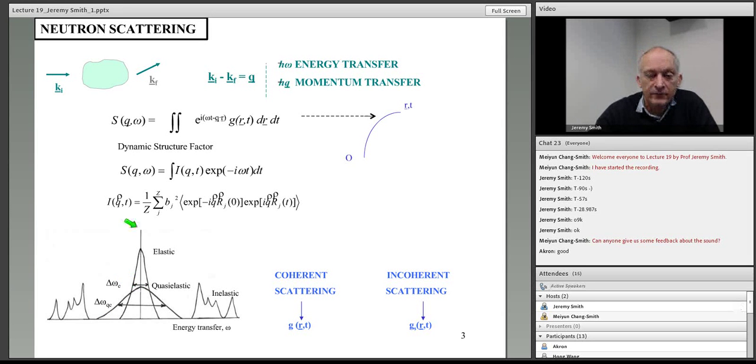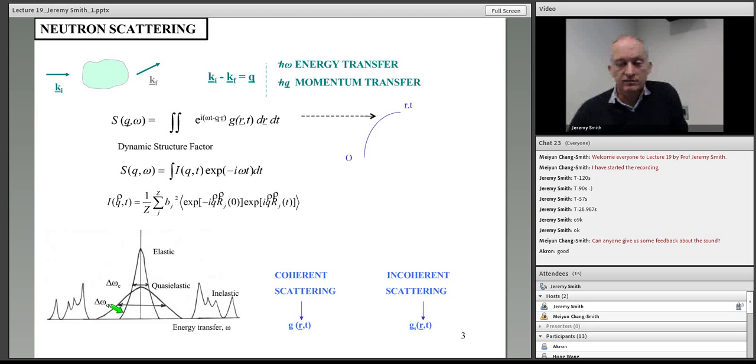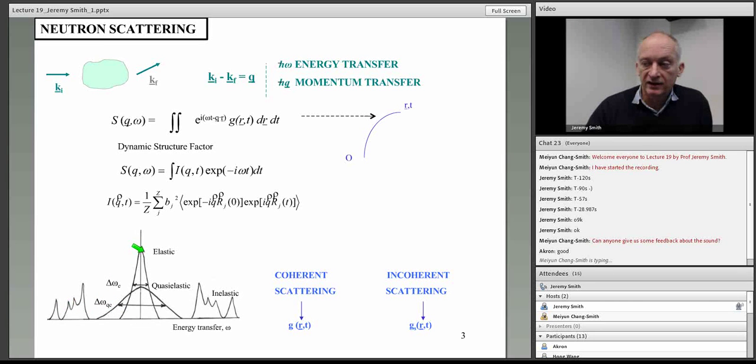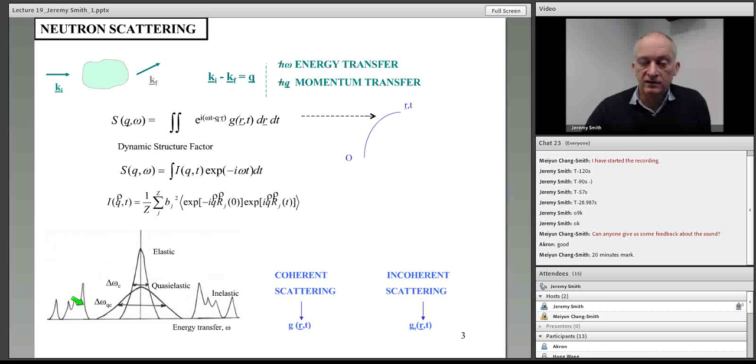Each time a vibration is excited or a jump occurs, neutrons are taken out of the elastic scattering and moved into the inelastic, quasi-elastic scattering. It's kind of a conservation law which says the number of neutrons scattered is always the same. So there's a balance: that which is taken out of the elastic scattering is put back into the inelastic.